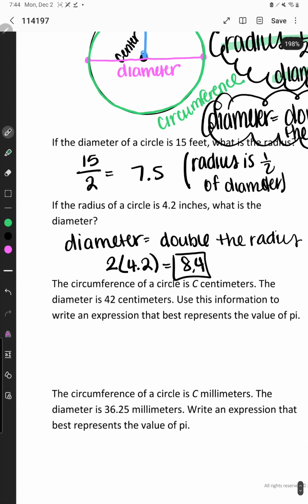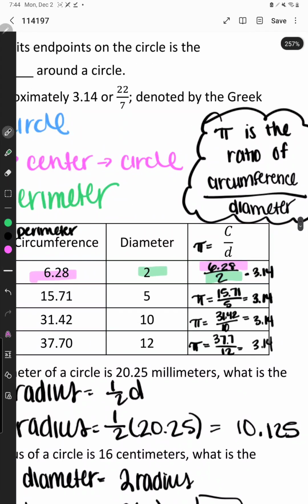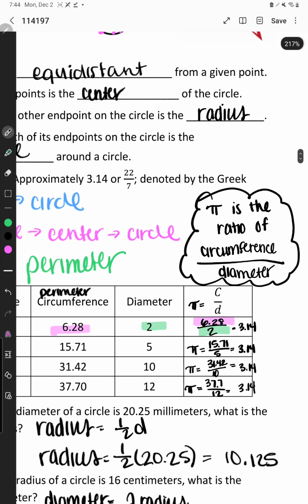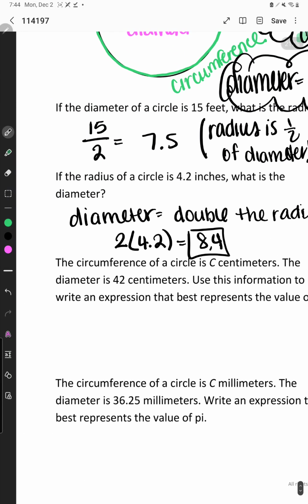This one says the circumference of the circle is c centimeters. The diameter is 42 centimeters. Use this information to write an expression that best represents the value of pi. So if you remember what we were talking about up here, we talked about how pi is the ratio of circumference to diameter, or circumference over diameter. So pi equals circumference divided by diameter.